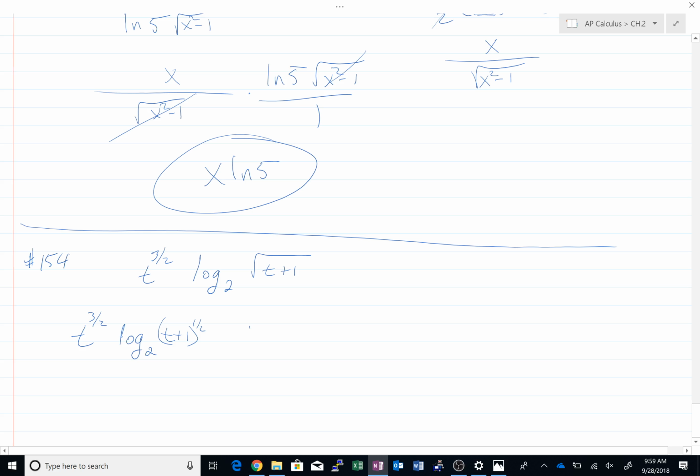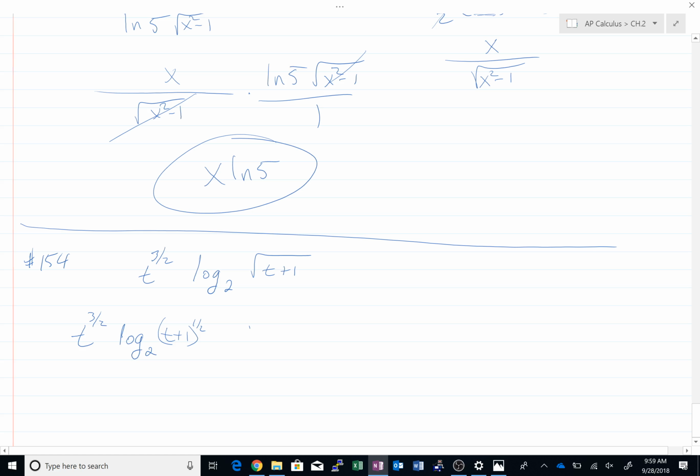All right, here we go. The derivative of the first times the second, and then the derivative of the second times the first. The derivative of t to the 3/2 is going to be 3/2 t to the 1/2. And then this I just copy. Now I've got to do the log base 2 of that.